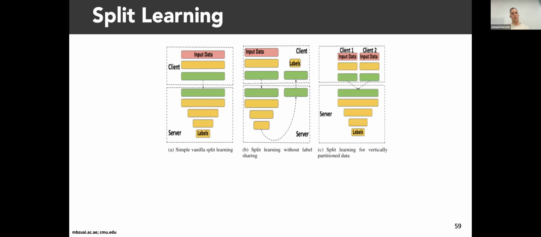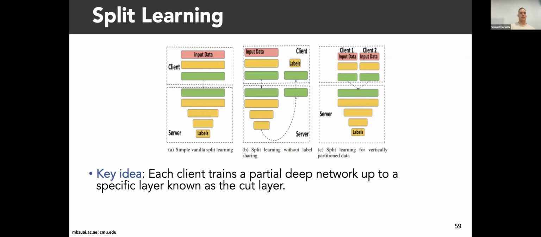Another popular way to do personalization might be split learning. It's not only for personalization, but also for offloading of computation. The key idea behind split learning is that each client trains a partial deep network up to a specific layer, known as the cut layer.